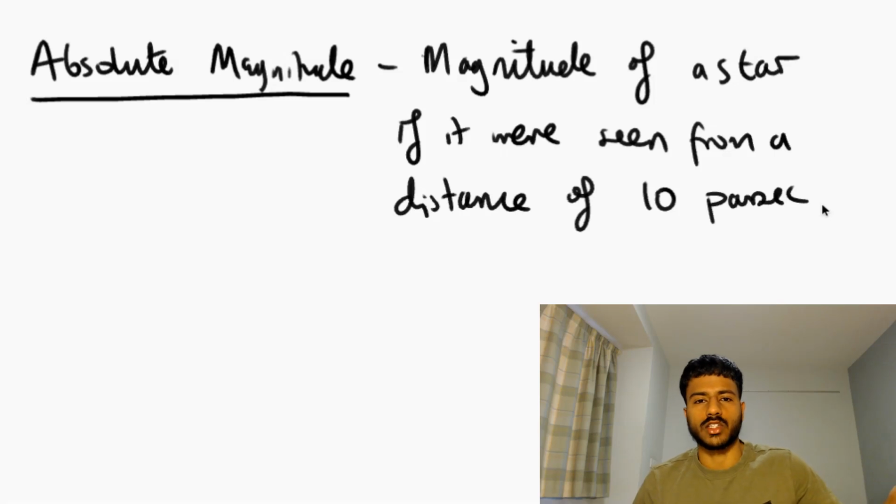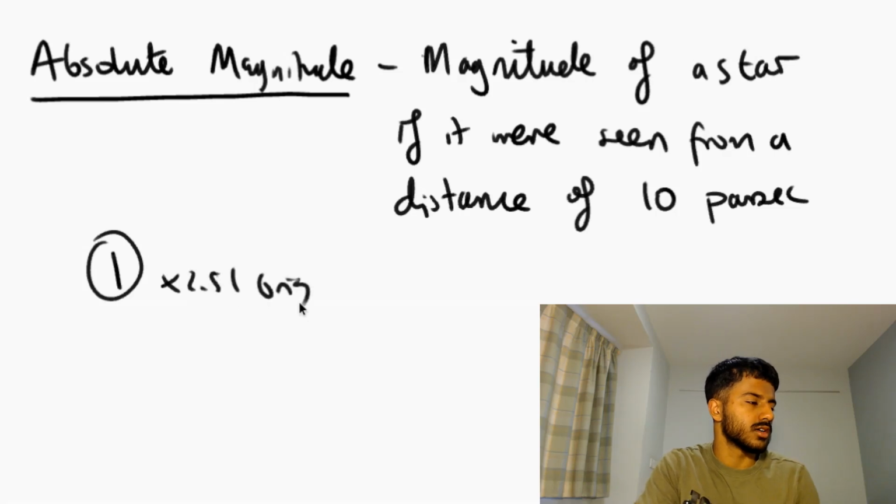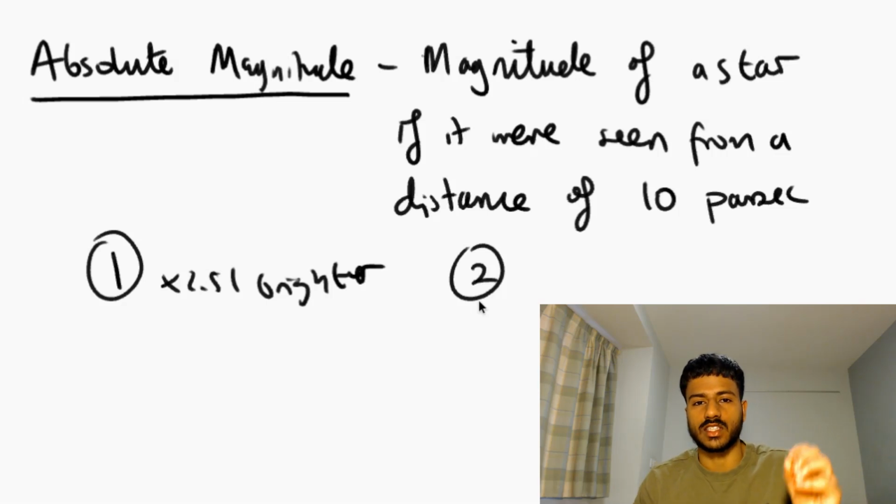And just like the apparent magnitude, a star with an absolute magnitude of 1 is 2.51 times brighter than a star of absolute magnitude 2. That means if something has an absolute magnitude of 1, if we were to place that at a distance of 10 parsec away from the Earth, it would be 2.51 times brighter than a star of absolute magnitude 2 if we were to put that second star at a distance of 10 parsec away from the Earth as well.